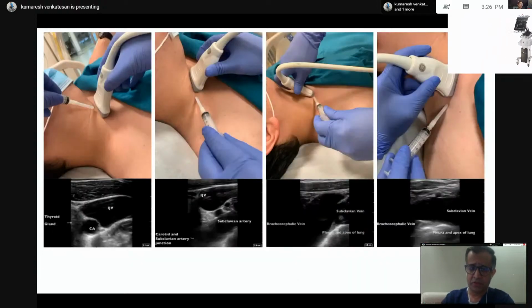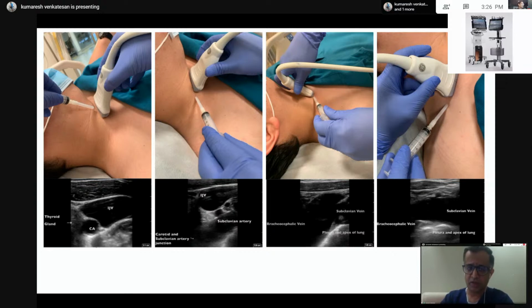Okay, so as I said, you start off with the middle of the neck, where you will see the jugular vein and the accompanying artery, and then you go down the neck. You can see the jugular vein again, but if you notice, in the middle of the neck, often the jugular vein is covered by the sternocleidomastoid muscle.